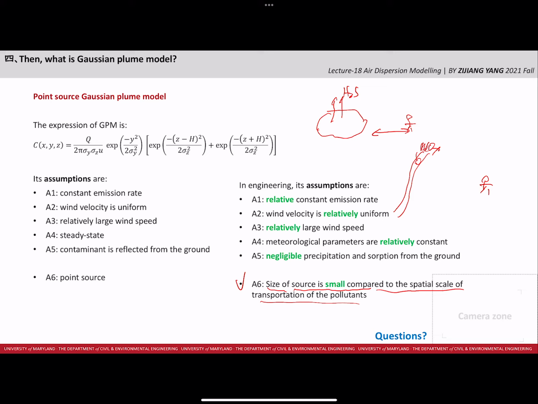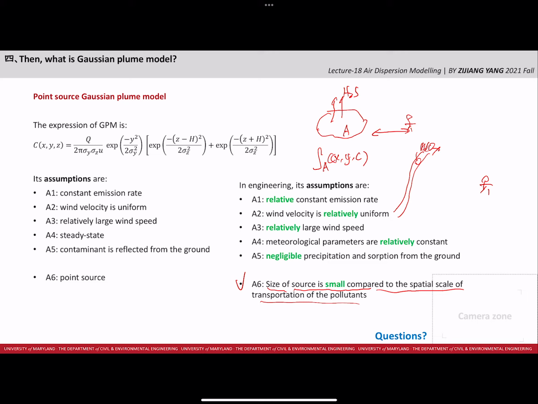Yes, that's a point. So I want to say that the answer would be yes and no. The reason it is no is that this is a point source model, but absolutely these cannot be considered as a point. But the answer could also be yes, just as you mentioned, we can add them together. For example, if we have this area source, we can integrate the concentration over x, y, z.